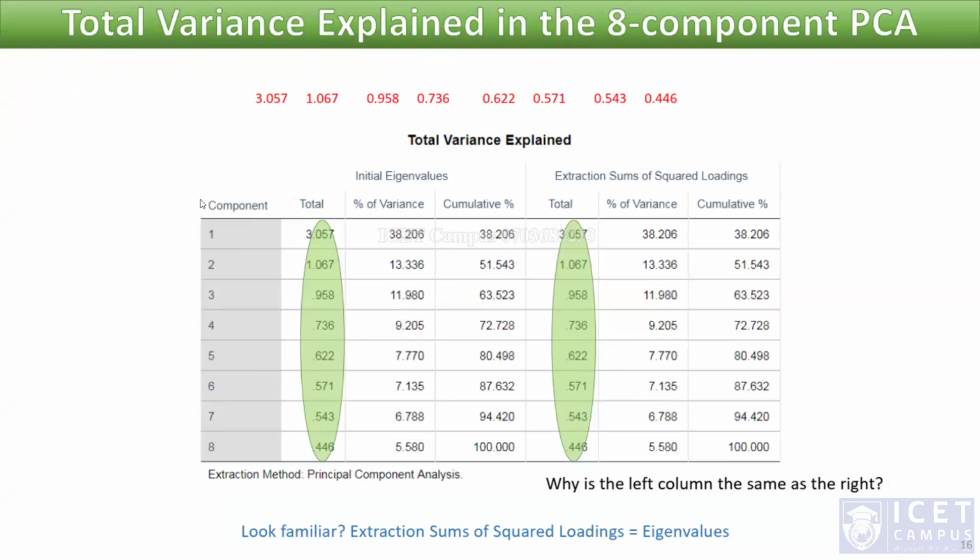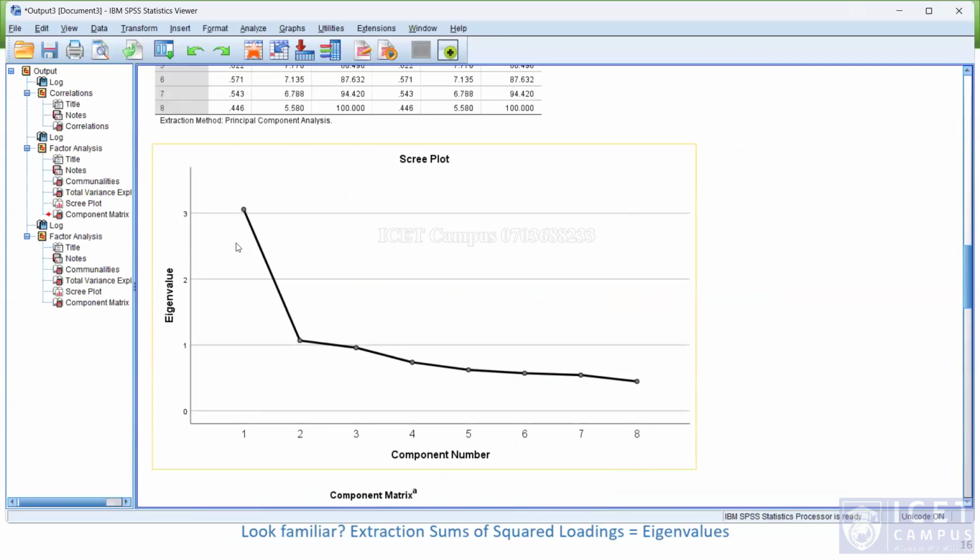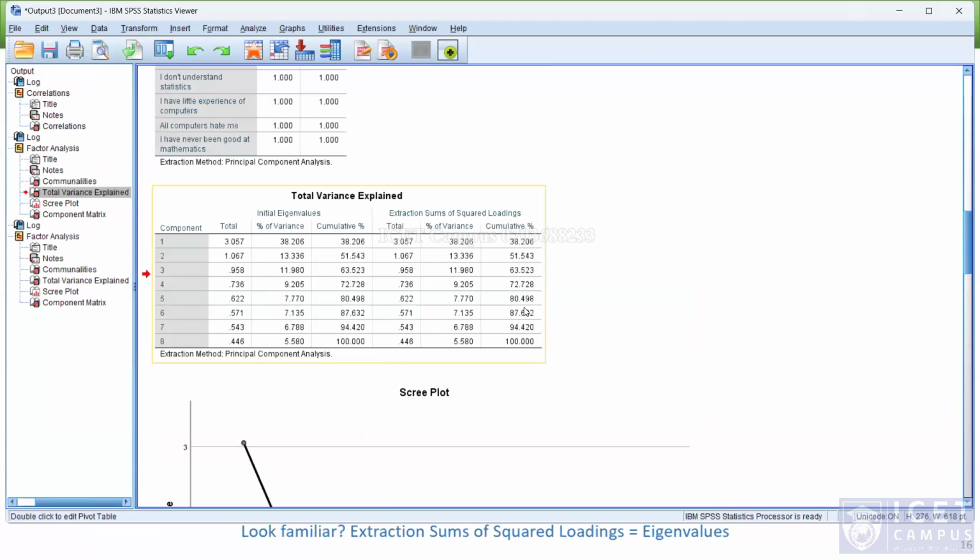This one, 3.057 is here. You can see there. These are the values: 3.057, then 1.067, 0.958, 0.736 here. So we call these the eigenvalues.